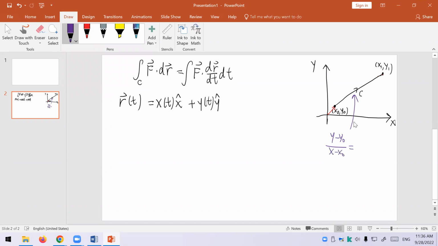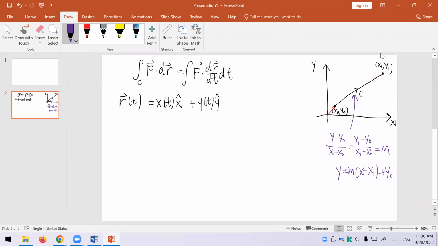You know that the slope is just y1 minus y naught divided by x1 minus x naught, which I call m. So that means this equation is y equals m times (x minus x naught) plus y naught. So this is the equation for this straight line.